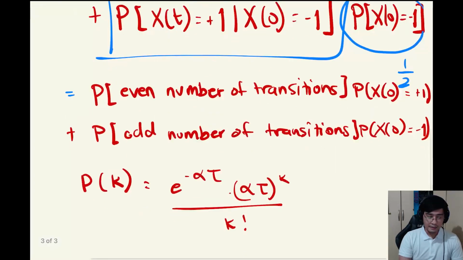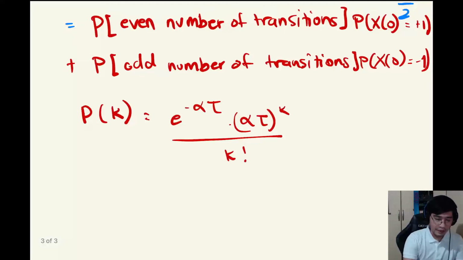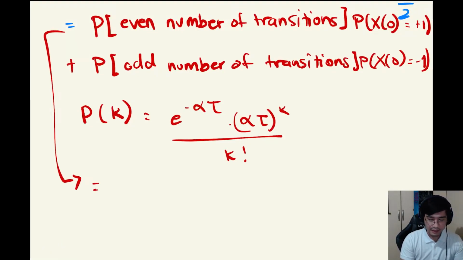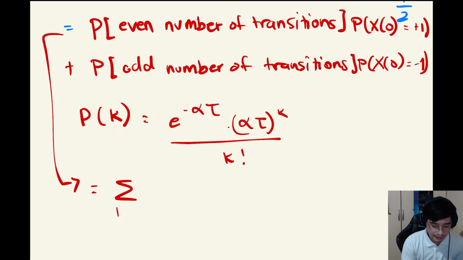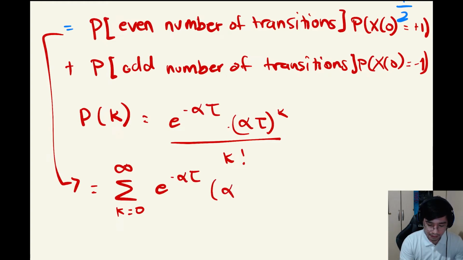Okay. So what we are trying to get here is all the possible outcomes that have an even number of successes, k. So we obtain the summation from k is 0 to infinity of e raised to negative alpha tau times alpha tau raised to 2k over 2k factorial.